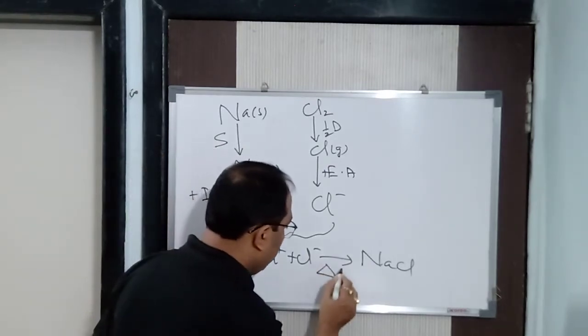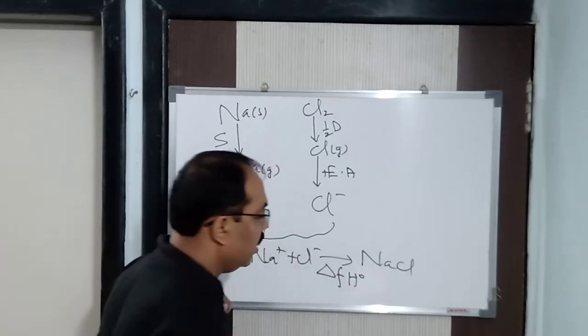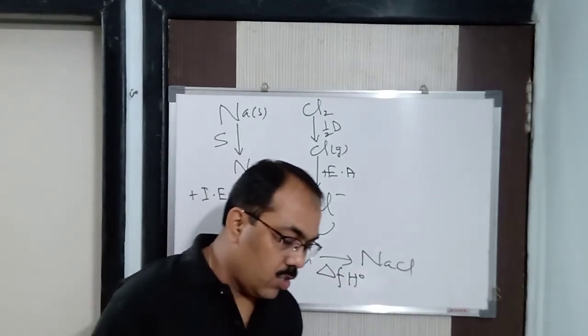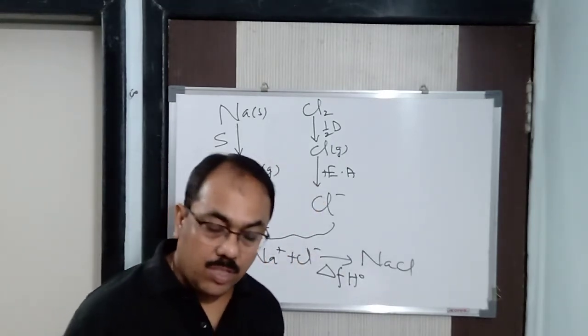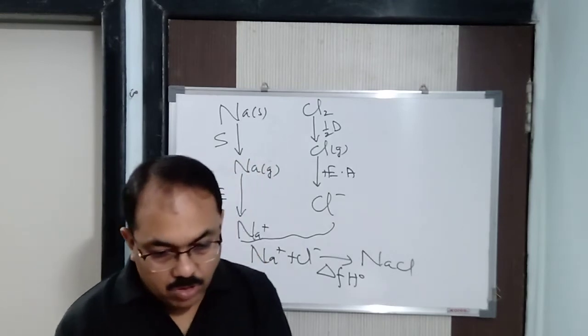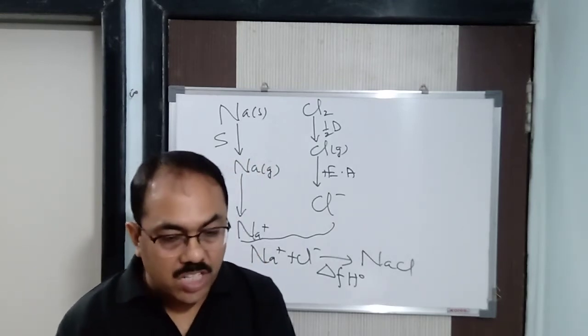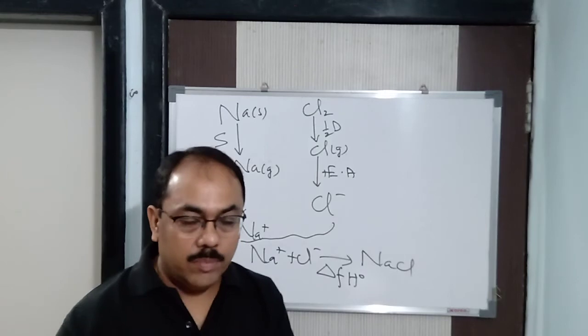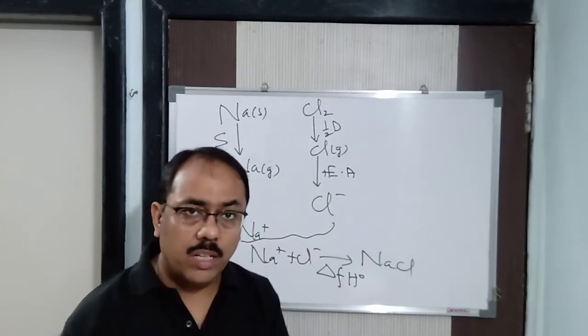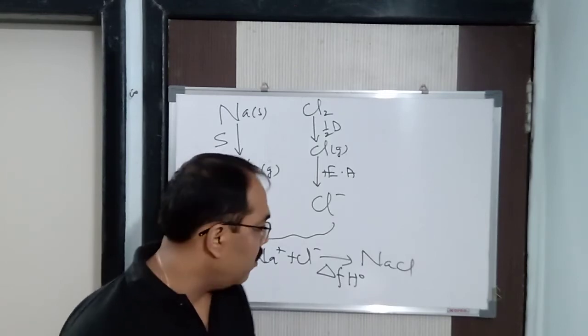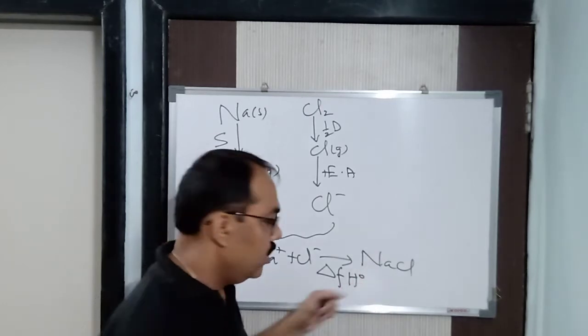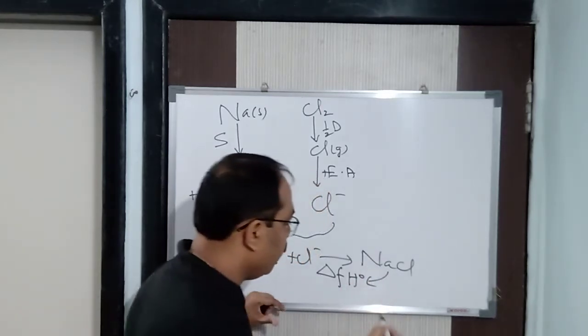So it is known as delta F H naught, the heat of formation. It takes place because from sodium ion, chloride ion combines to form sodium chloride. Heat of formation is there because a compound is formed; I said already, we cannot form an element, we are making a compound. So sodium chloride is formed, and there is some heat of formation.